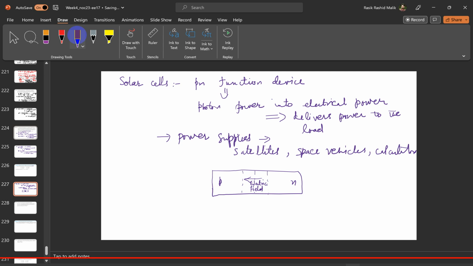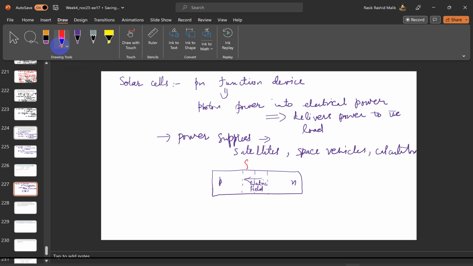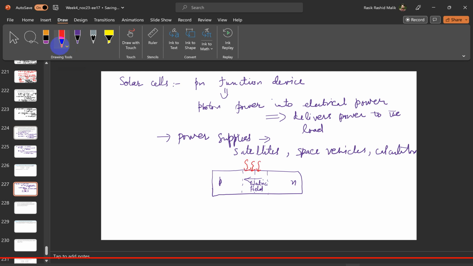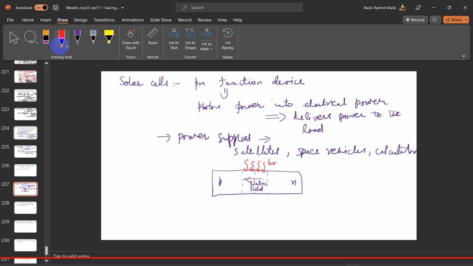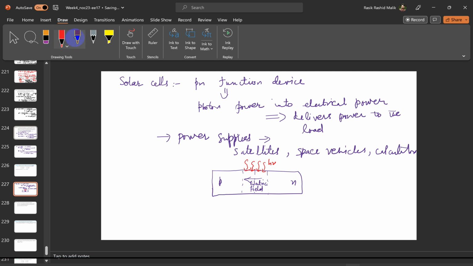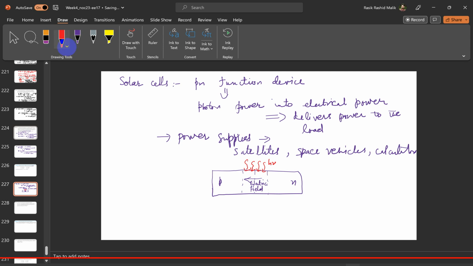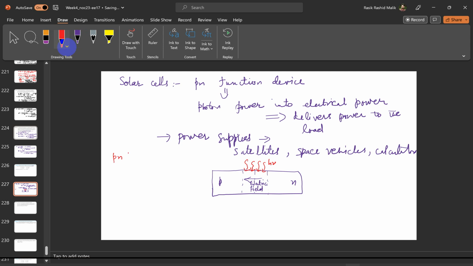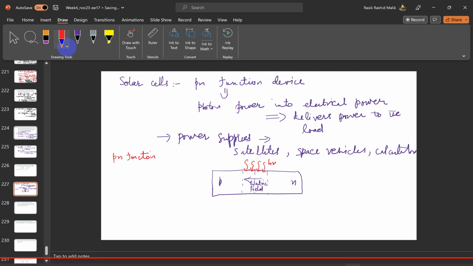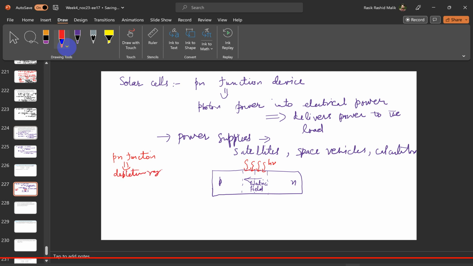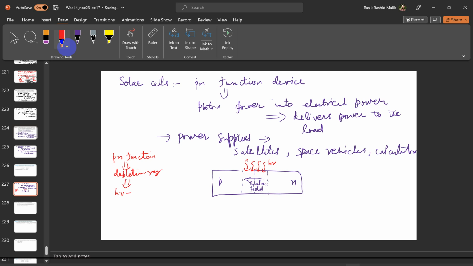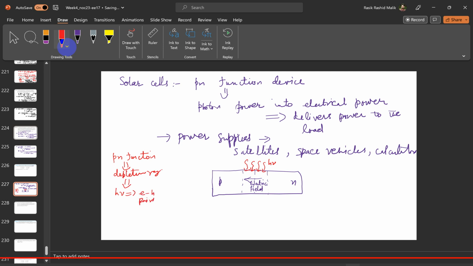Then the photons are incident on this depletion region, h nu. So what happens is that electron hole pairs are generated. Let me write it over here. We have a PN junction, and then its depletion region, and this h nu generates electron hole pairs, right?